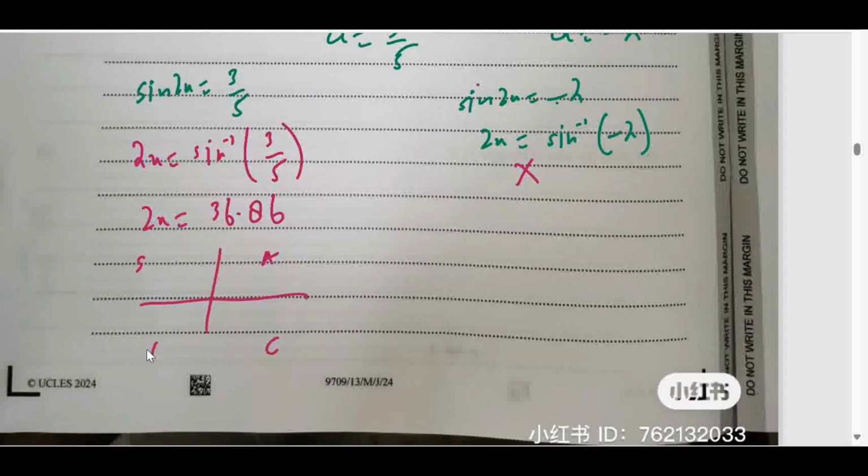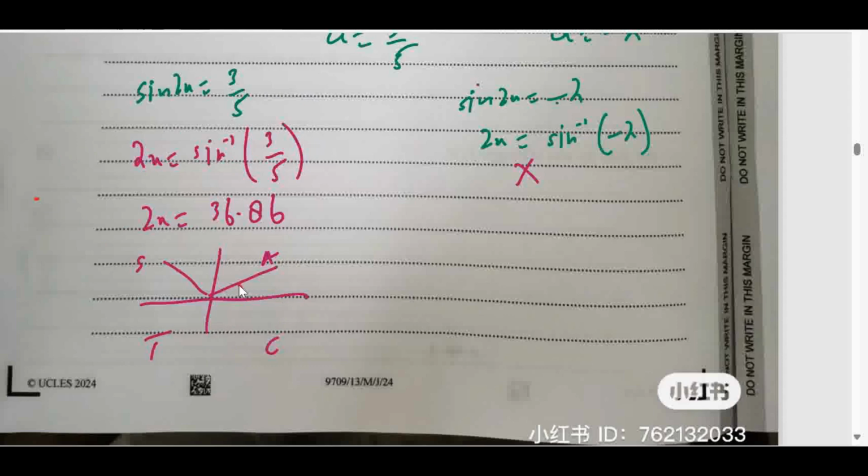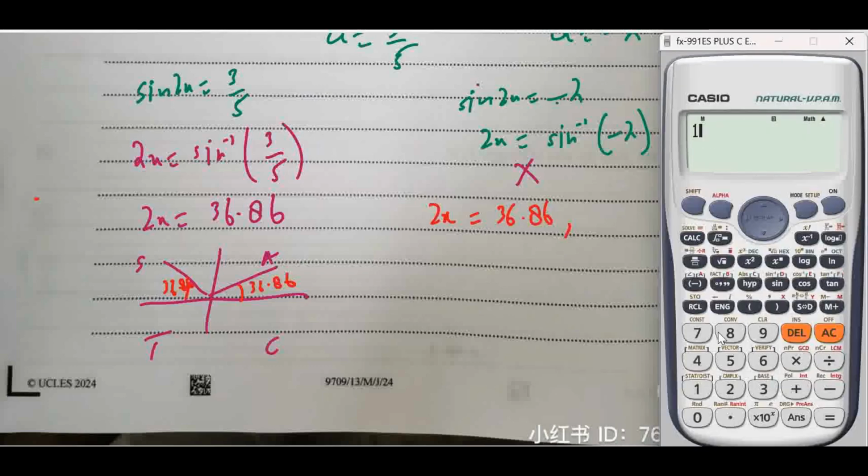Now we have to use the CAST diagram. Sine is positive in two quadrants, this one and this one. So this will be 36.86, and this will also be 36.86. Now 2x will be equals to, the first one 36.86, and the second one will be 180 minus the answer. So this one is 143.13.